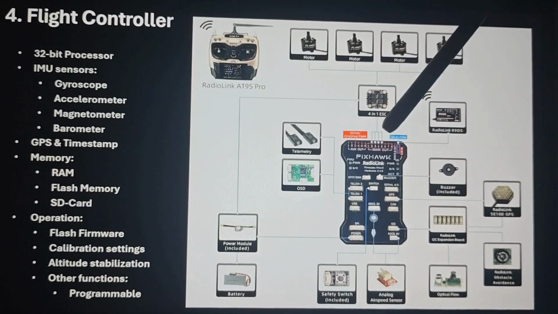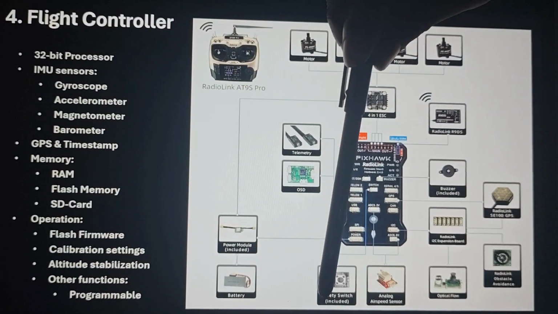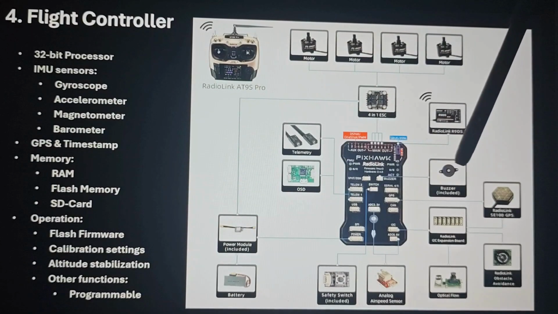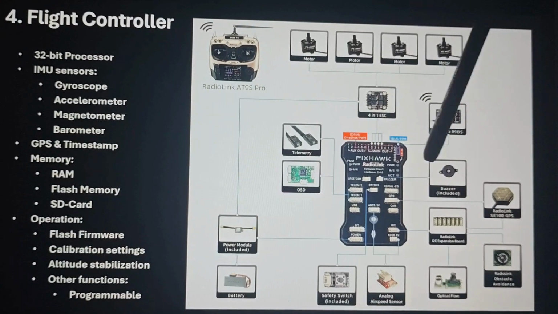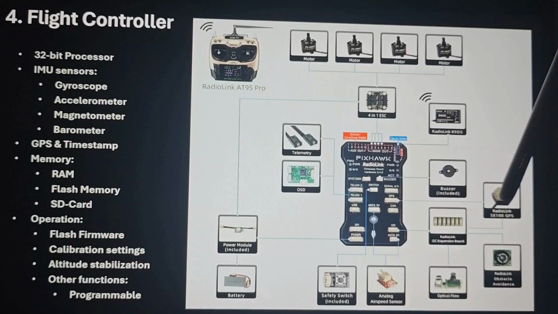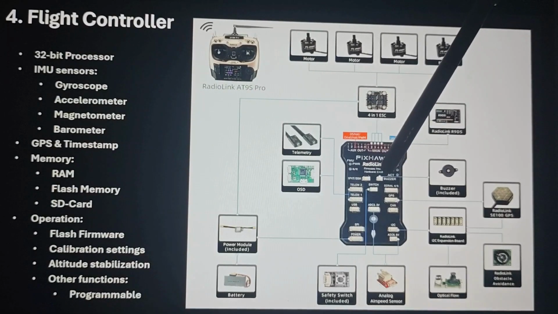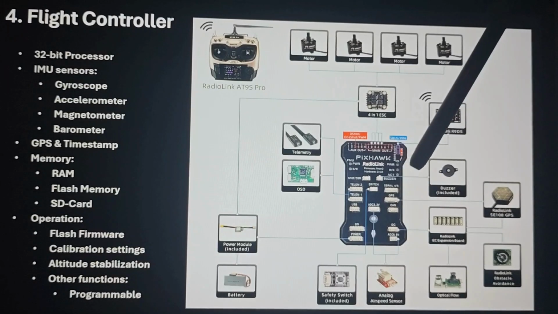And also this flight controller has multiple safety units, which has a safety switch. Whenever the power is more than a certain limit, it will cut off, and also a buzzer gives alarms whenever anything happens beyond the limits of the settings of the flight controller. And also it has a GPS unit which connects to the flight controller and provides the stable position as well as the time stamping of the various sensor data.